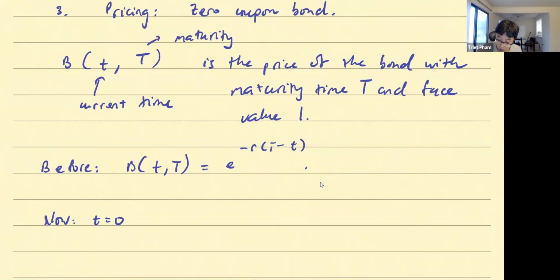So you are really implying that everything is deterministic as far as the bond market is concerned. That clearly is not true. By this formula, you say that r is deterministic, which is definitely not realistic. The other thing is that you say r on the interval from t to big T does not change in terms of time.